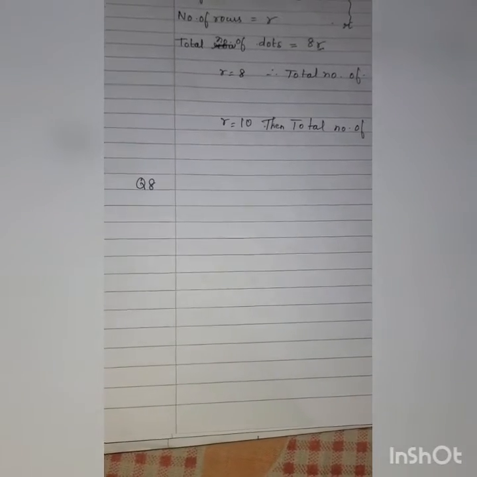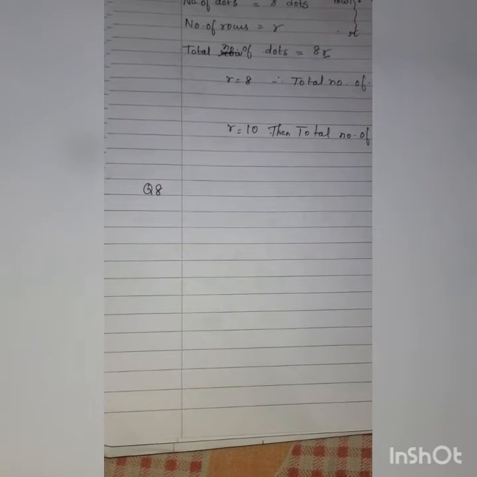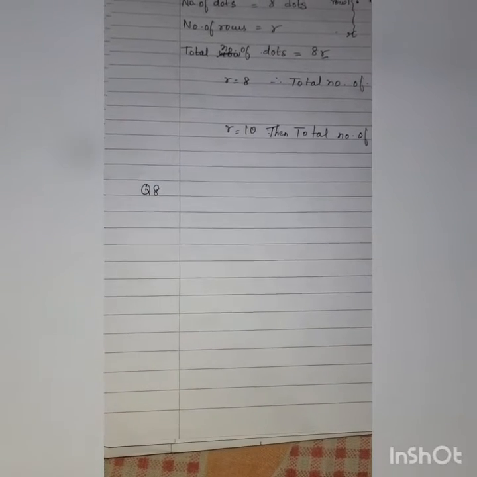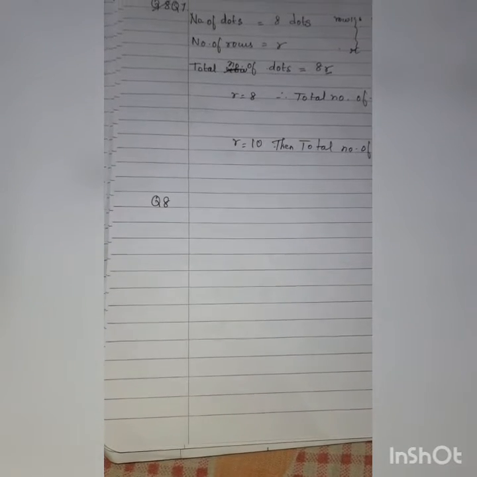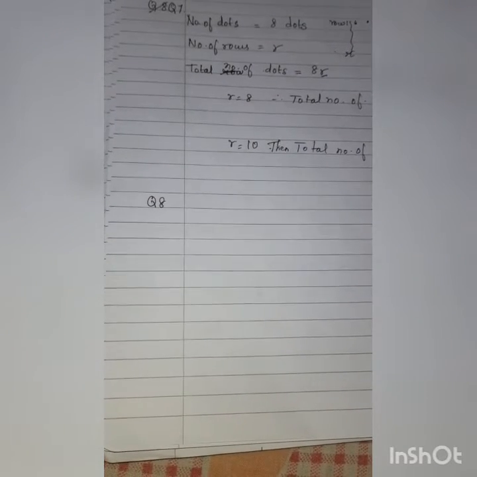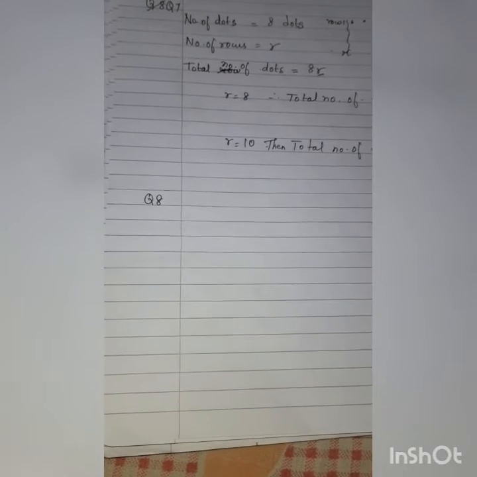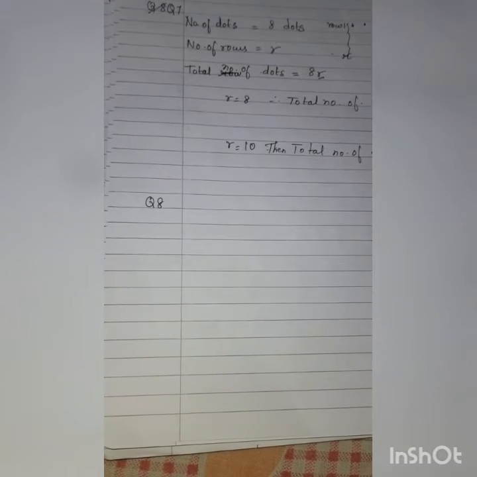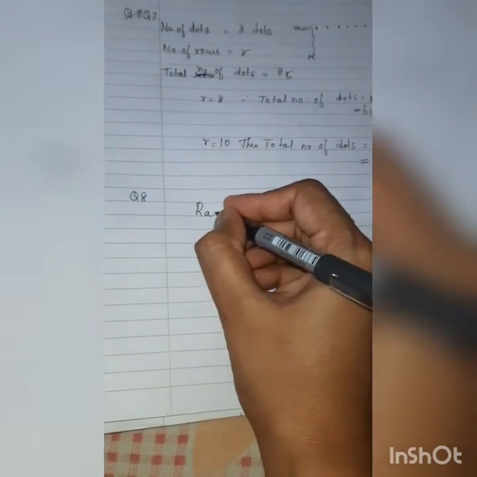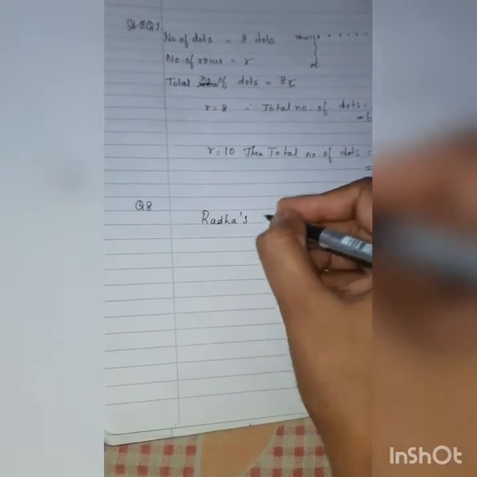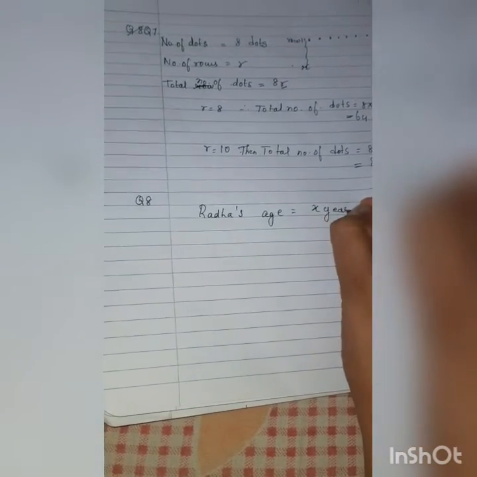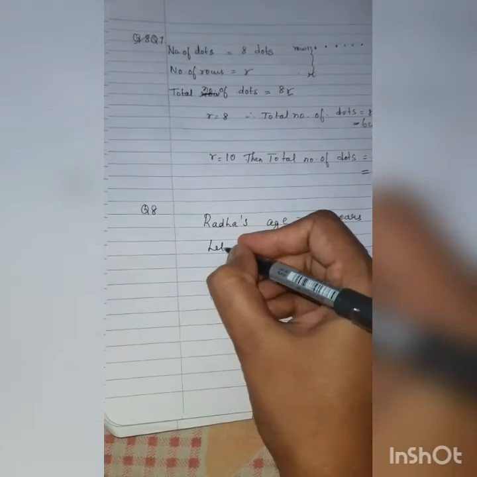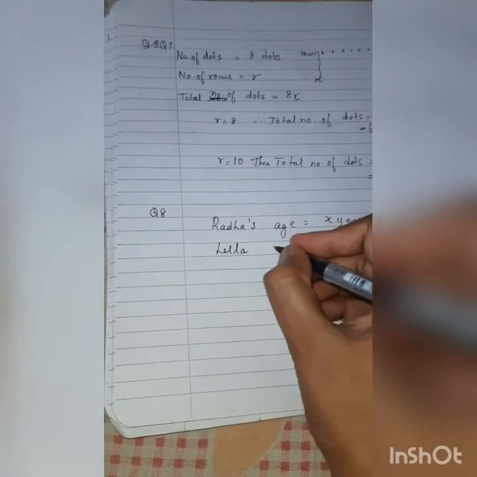Next, question number 8. Leela is Radha's younger sister. Leela is 4 years younger than Radha. So obviously she is less than Radha's age. We know the expression for less than, and Radha's age we can assume as x. So Radha's age is equal to x years, and Leela is younger to her.